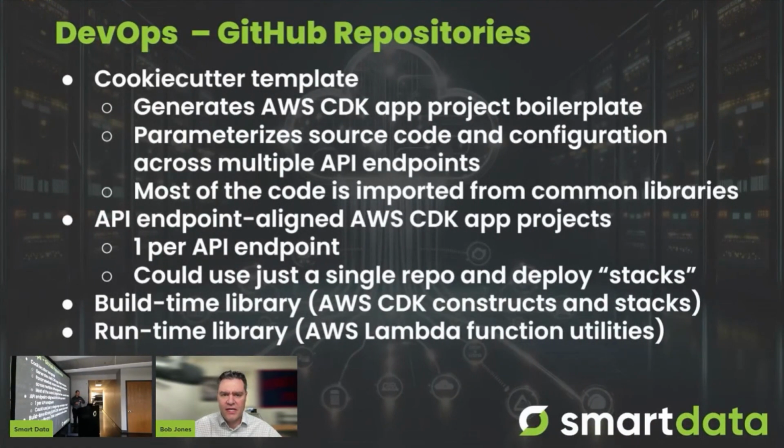So in architecting where the source code and configuration lives, we created several GitHub repos. The first one I want to talk about is our Cookie Cutter template. Cookie Cutter is a Python-based library and command line tool for generating boilerplate for projects.